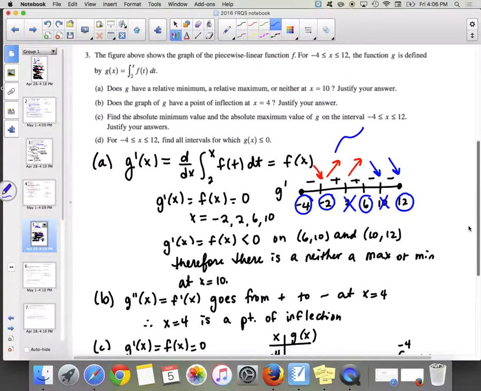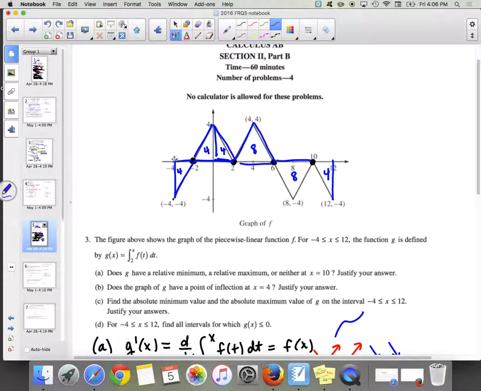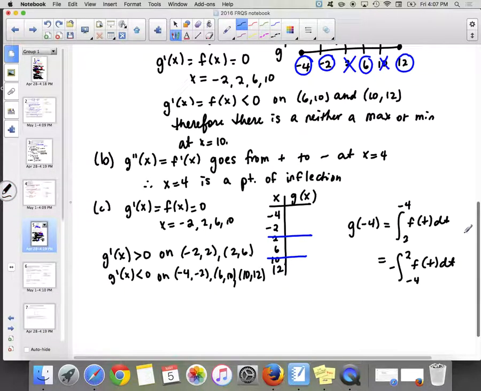We're going to use this. So if I'm finding the integral from -4 to 2 of f of t dt, -4 to 2, these two are going to cancel out, and I'm going to be left with this. Okay, so I'm going to have 4 there. And you can write the areas of the triangles here, but I think it's fine if you just write -4, because most people can find the area of that triangle in their head, so I don't think the grader is going to be too concerned if you have that.